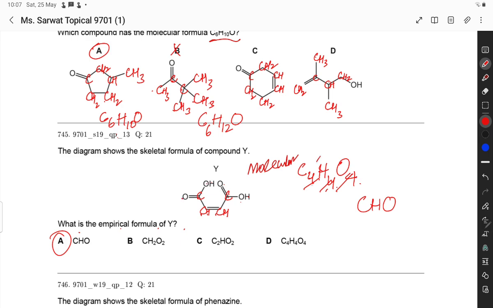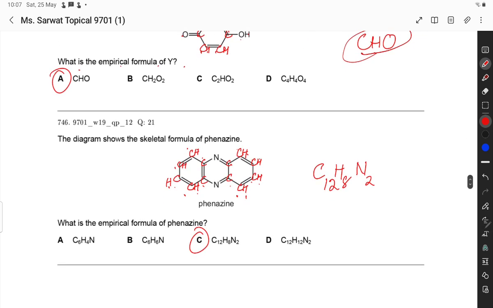So this is C4H4O4, and the empirical formula is CHO. So A option is the correct option.